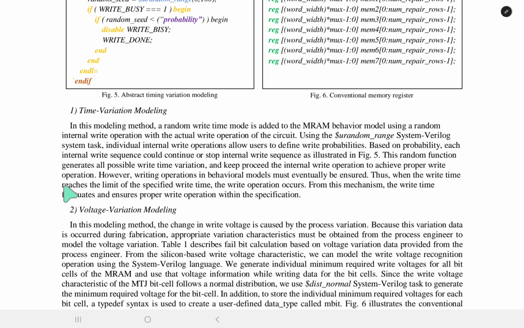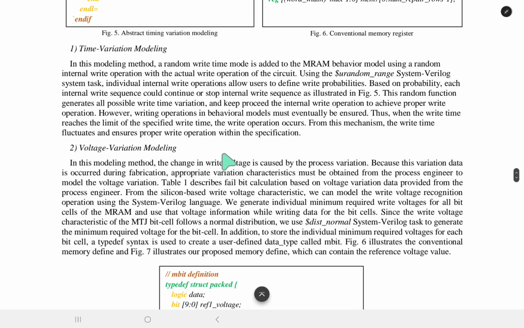This random function generates all possible write variations and keeps proceeding with the internal write operation to achieve a proper write operation. However, the write operation in behavior models must eventually be ensured. Thus, when the write time reaches the limit of the specified write time, the write operation occurs. So from this mechanism, the write time fluctuates and ensures a proper write operation within the specification.